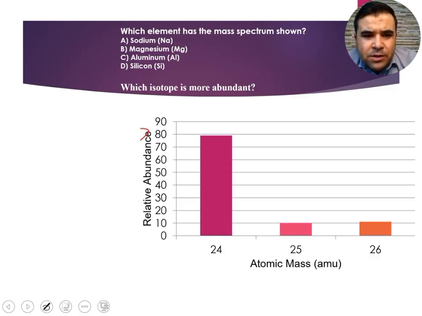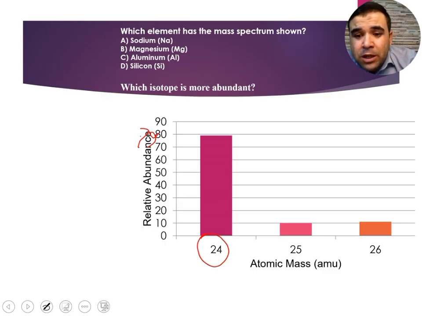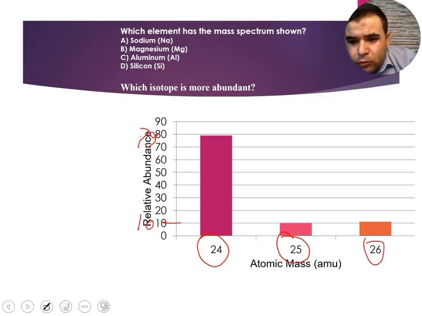It's 79% here for 24, one of the isotopes. It has 3 isotopes. The 25, it's almost 10%, and then 26 also almost 10%, a little bit more, but we can say 11%.